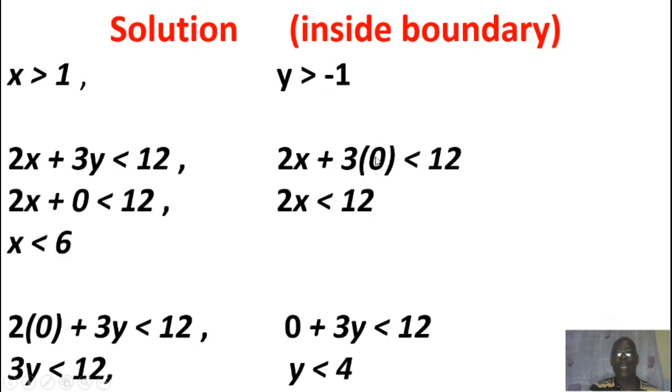That is moving along the x-axis. So it's less than 12. We come to see 3 multiplying 0 is 0. So 2x plus 0 is less than 12, showing that 2x is less than 12. We divide both sides by 2 to get x is less than 6. Don't put equality so that you will know the direction of the movement.